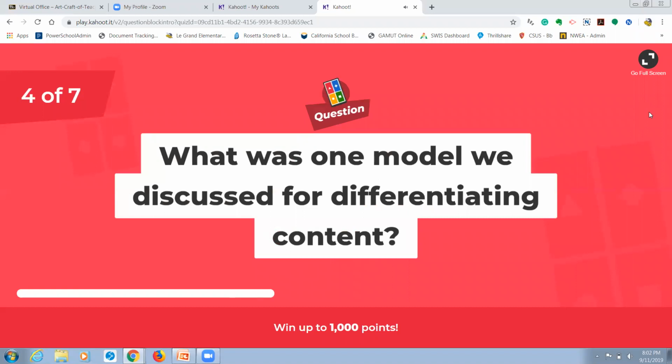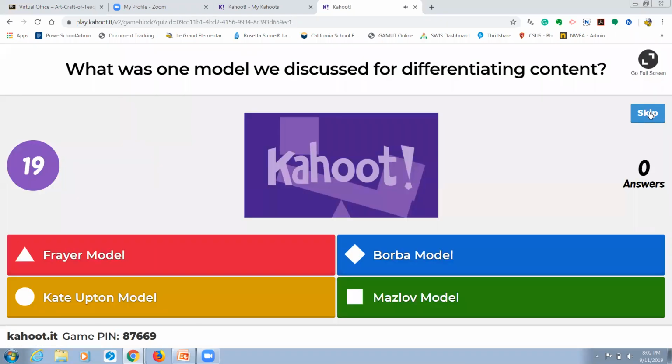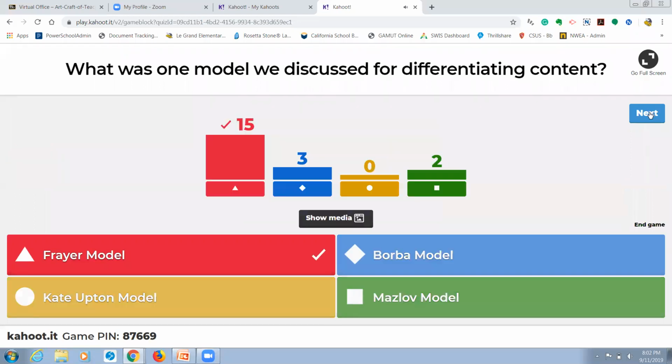What was one model we discussed for differentiating content? Yes, the FRAIR model.